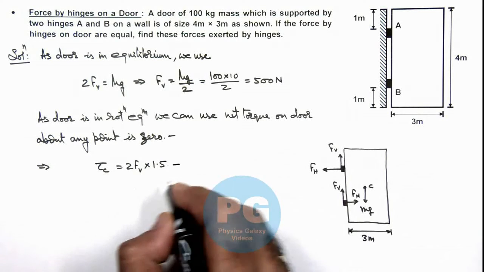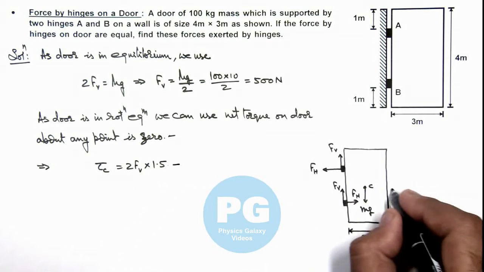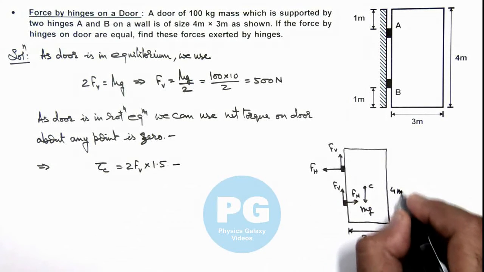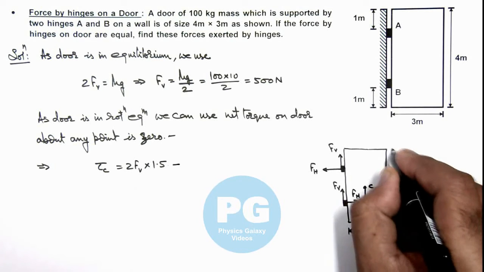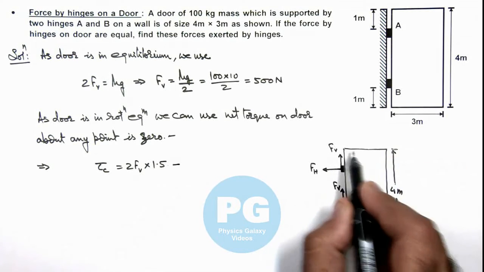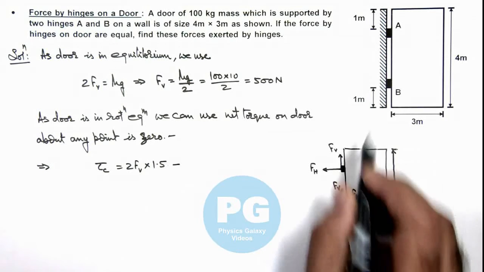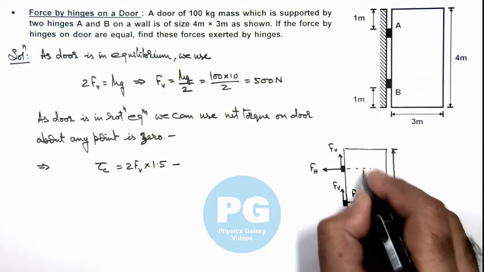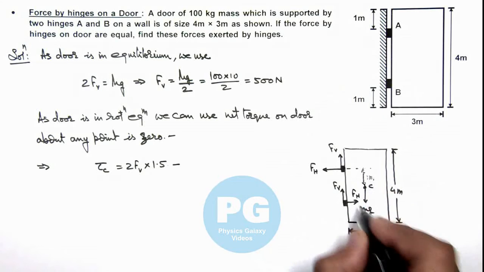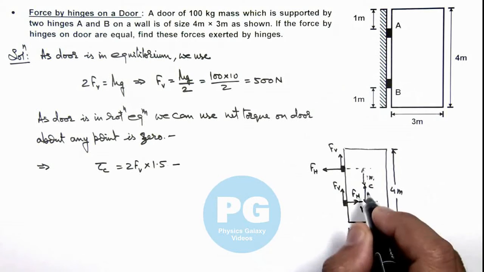subtract it. The torque due to FH is, this distance we are given as 4 meter, and the distance of hinges from the edge of the door, top edge and bottom edge, is given as 1 meter. So this distance of FH from C is also 1 meter. Same is for this FH.